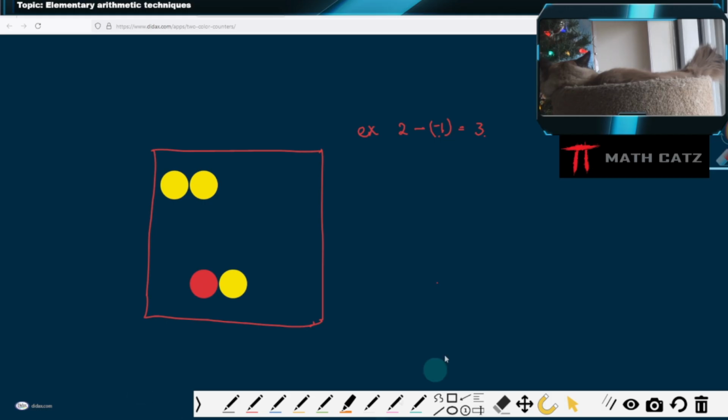It's still a value of 2. But visually I've now prepared to be able to remove 1 red chip. I will do that, and so my value has now changed to 3 positive chips.